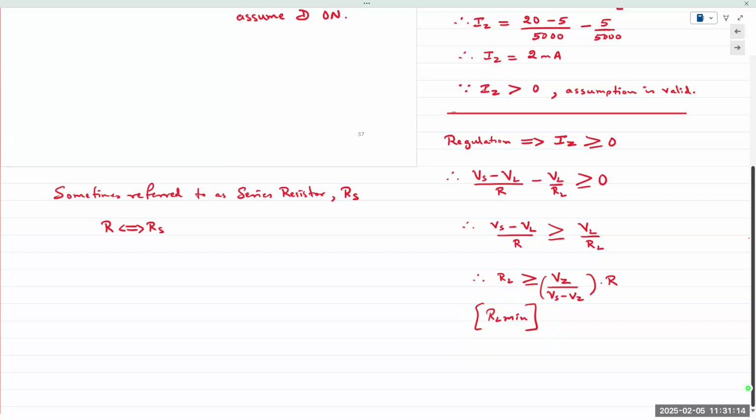We rearrange the terms and obtain that RL must be greater than this component right here. So there's a minimum value of RL. If RL goes below a minimum value, then again, Zener diode will not work. So there are limits for both series resistor and for the load resistor.